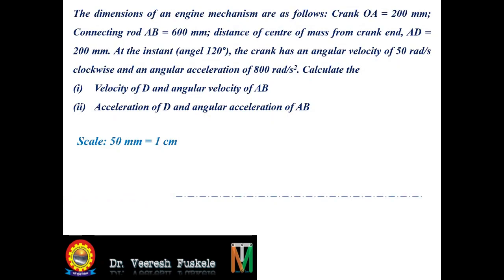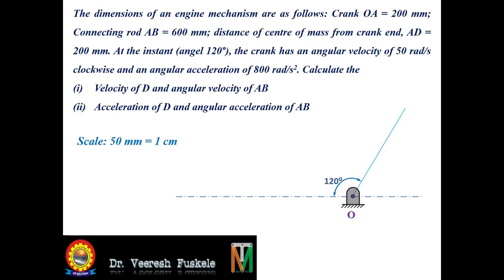So on this axial line, we will take the point O, which will be the center of rotation of crank OA, as the crank OA will be hinged at point O. So through that point O, we will draw a line at an angle of 120 degrees like this. This line will be representing a crank OA.